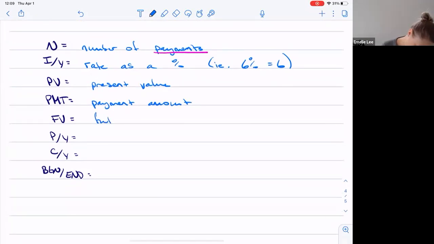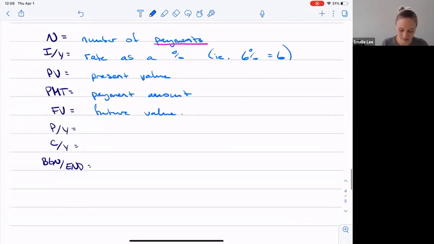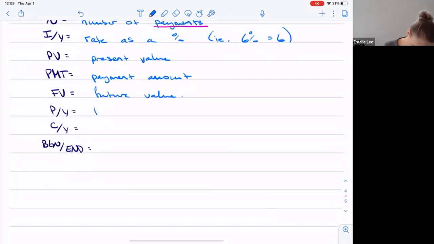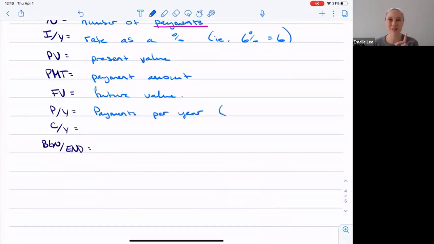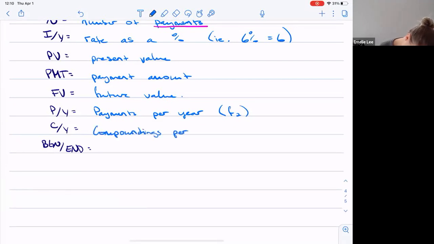Then the future value is, of course, just the future value. The payments per year is, of course, just the payments per year, which we've been calling F2. The payments per year is F2. And then the compoundings per year is F1.